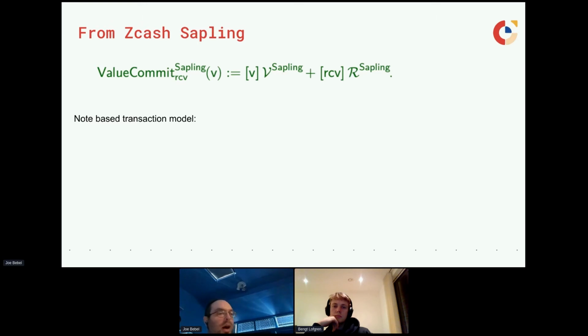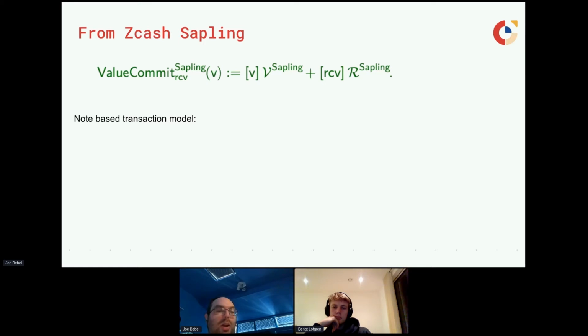And so this value commitment, which is a Pedersen commitment in Sapling, works as follows. They derived two fixed elliptic curve points, which we call capital V and capital R here.